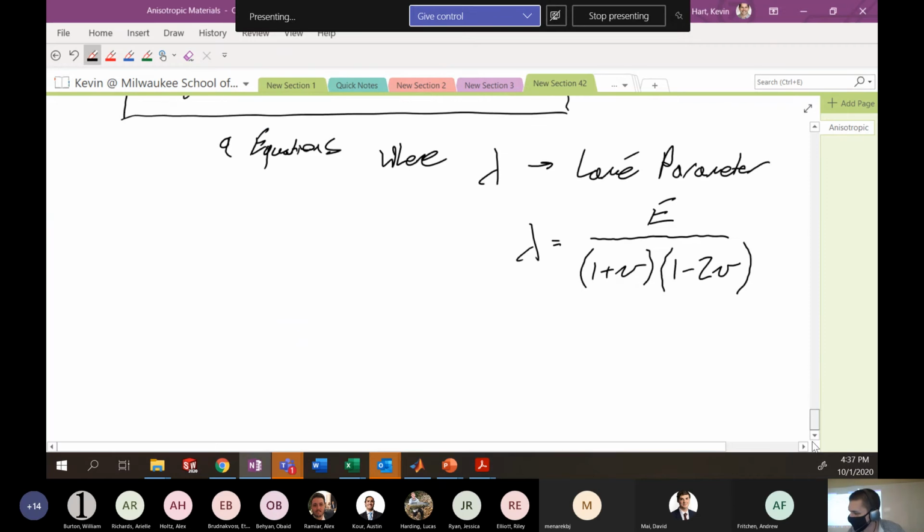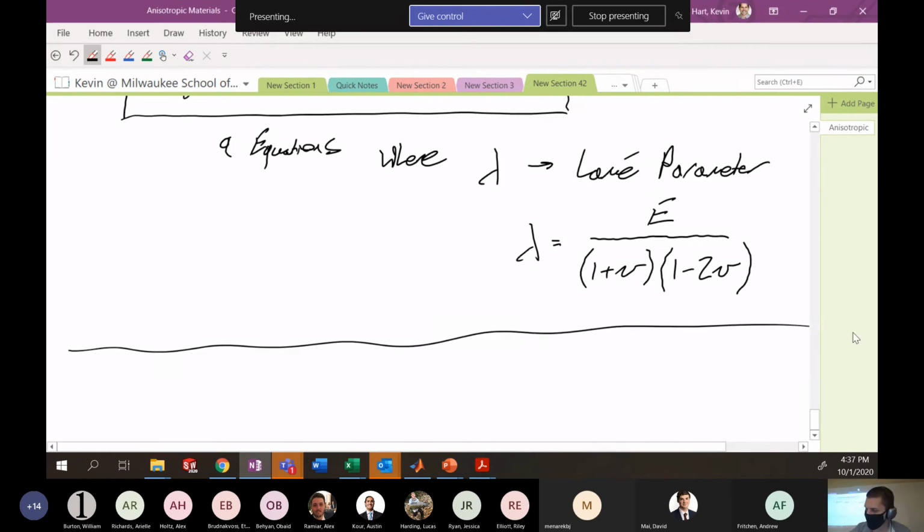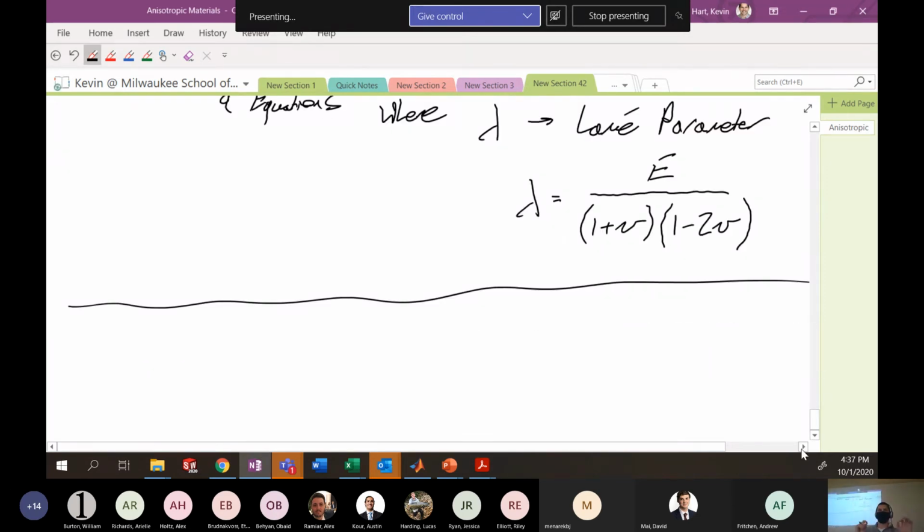All right, so what? When we talk about generally anisotropic materials, that was just for an isotropic material, by the way. When we talk about general anisotropic materials, we're not going to have the convenience of expressing them in terms of one elastic modulus and one Poisson's ratio. We don't have that luxury.